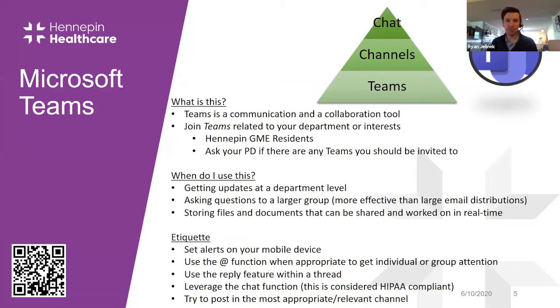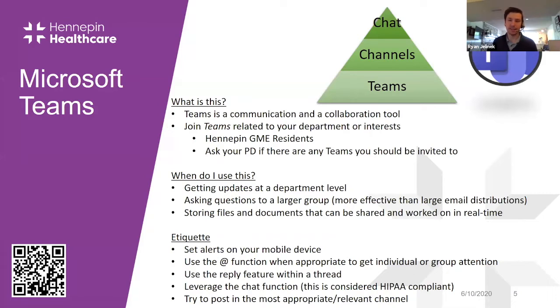There's a couple things to mention about etiquette. Set alerts on your mobile device. So, if someone's posting something to Teams at 11 p.m. and you don't need to know about it right then, you can have your alerts turned off until the next morning. If you're using Teams, you can type the @ symbol followed by someone's name, and it should auto-populate based on our distribution list throughout the whole organization.